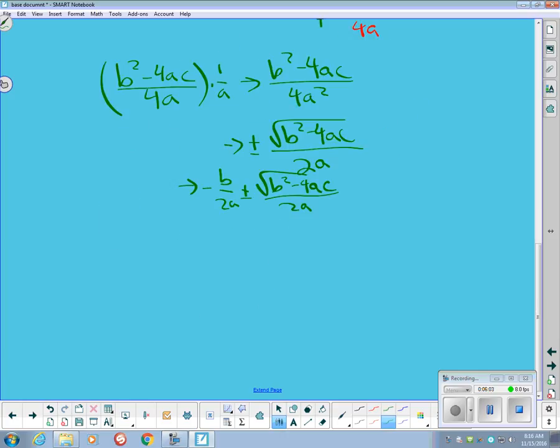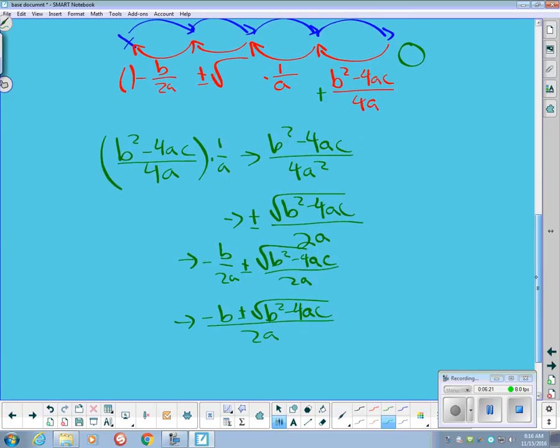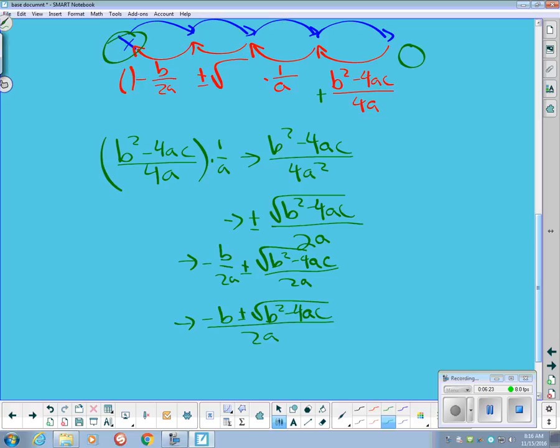And I see that those already have a common denominator, so I can add the numerators of negative b plus or minus the square root of b squared minus 4ac all over 2a. And now in my arrow diagram, if I look back up at that, I've arrived back here at the x. So this is x, and there is my quadratic formula. Pretty slick.